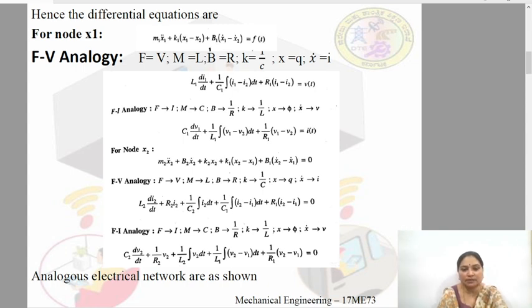So this is about node 2 in terms of the force voltage analogy.